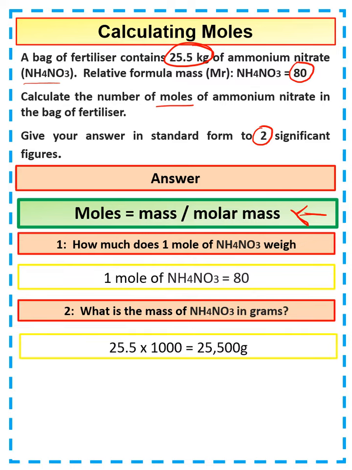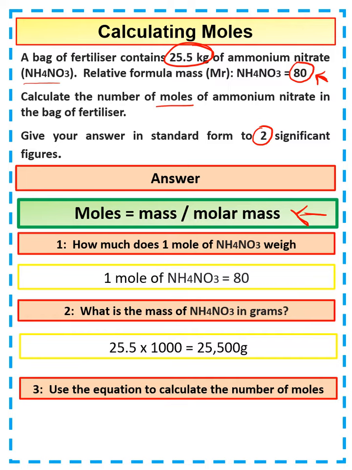So to start off with, we know from our question that 1 mole of ammonium nitrate weighs 80. We then need to work out how many grams we've got. We've got 25.5 kilograms up here, so we convert that into grams by multiplying it by 1,000.